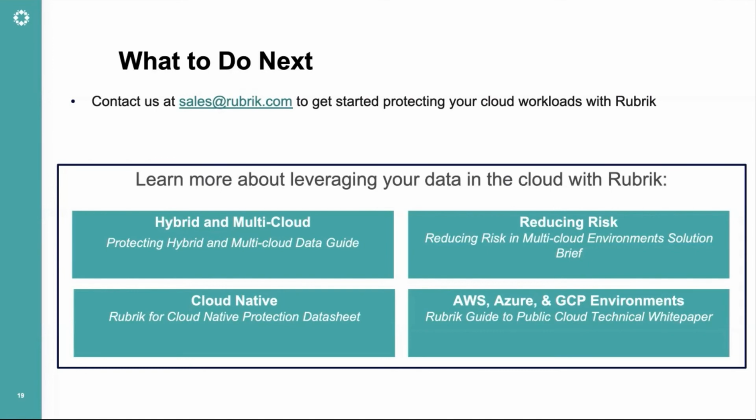Next question, can the data stay within our AWS or Azure account? Yeah, so the snapshots we take are immutable and they remain in your cloud account by default. And Rubrik doesn't move the data out of your account unless you tell us to. And there's instances you would do that.